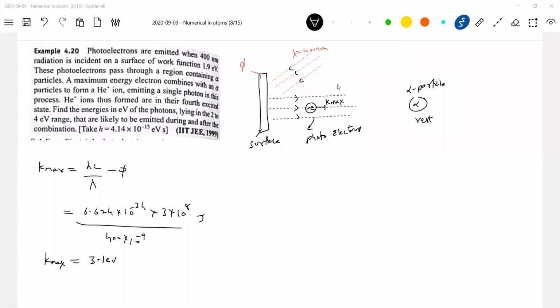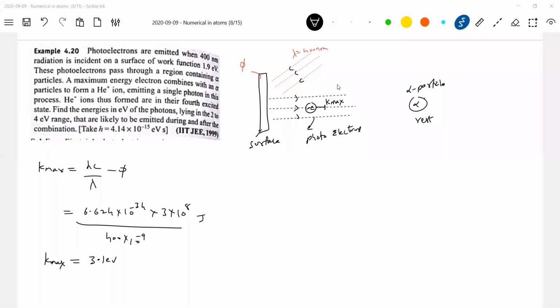Or the h value can be directly substituted because electron volt is given. If you substitute this h, then no need of dividing. I calculated in joule, then divide by charge of electron, then I'll get the kinetic energy 3.1 electron volt. You'll get the same answer. Okay, I got this particular thing.